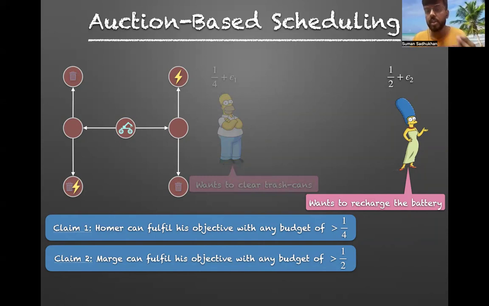And we see whether the sum of the threshold budgets we computed in these two bidding games is less than 1 or not. If it is less than 1, then we are claiming that we can compose these two bidding strategies. If it is not less than 1, then we cannot directly compose them, and we deal with that problem differently.